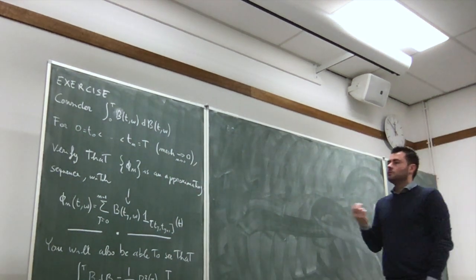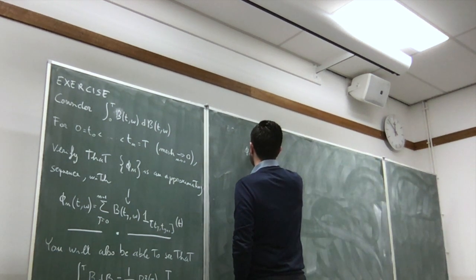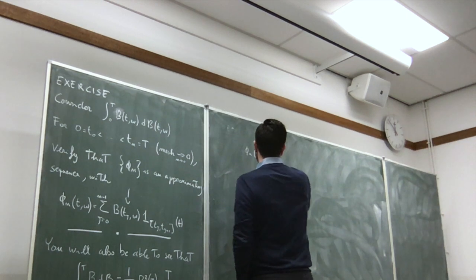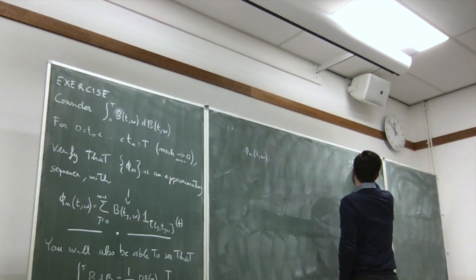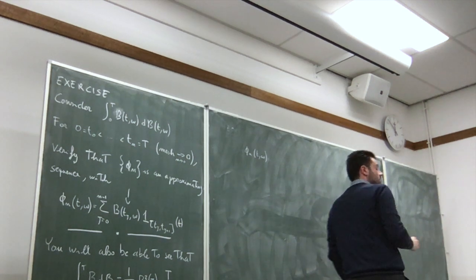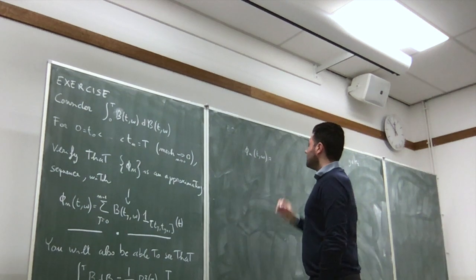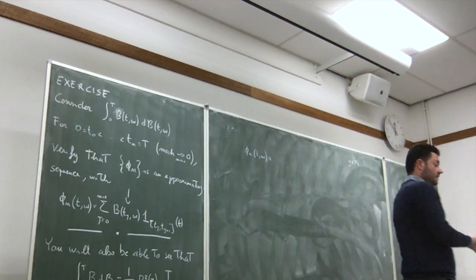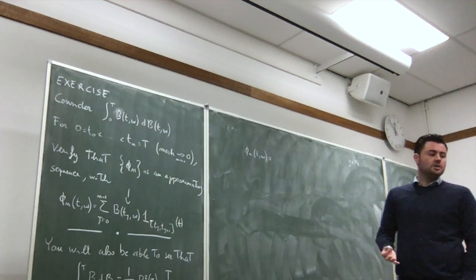If you want to define the sequence of your simple processes, phi_n(t, omega), that approximate a function g in M2 which is continuous and bounded, interestingly, a very simple way of defining that type of simple process is to use g itself.